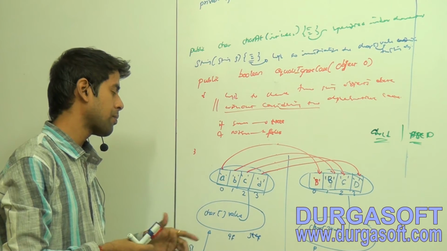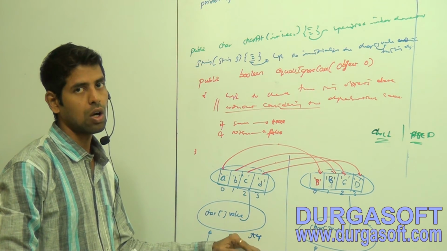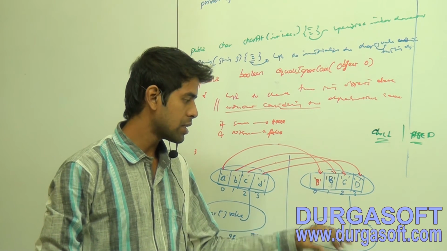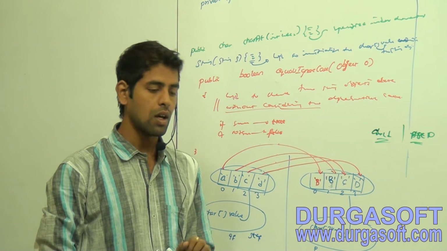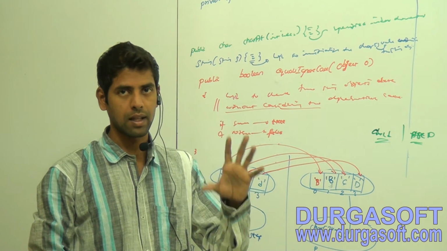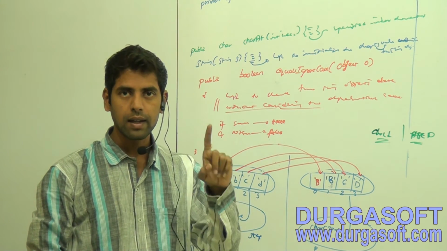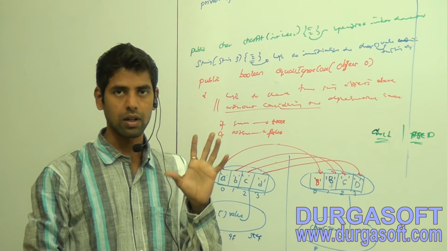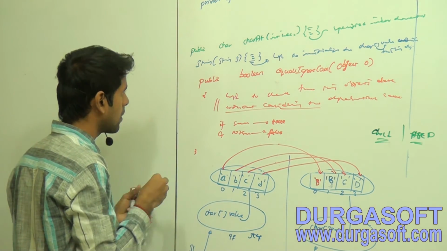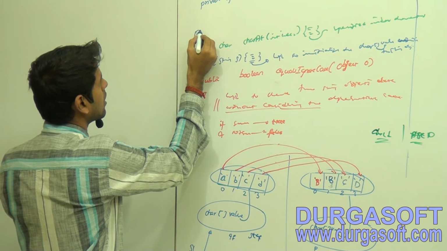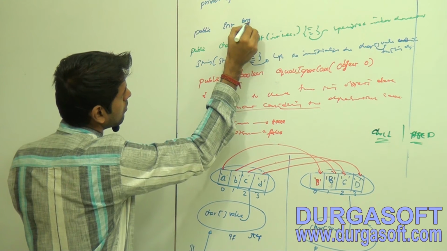I want to know the number of elements available in the string object. How to know that? Of course, by using the length method. We developed that length method logic in our earlier sessions, so please refer to that. Now I am going to use one more predefined method of the String class: public, return type is int, length method.